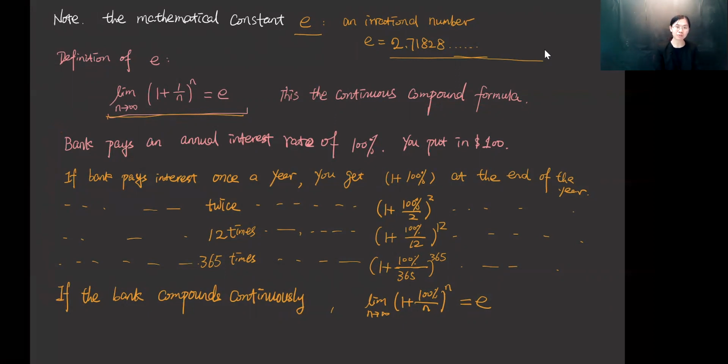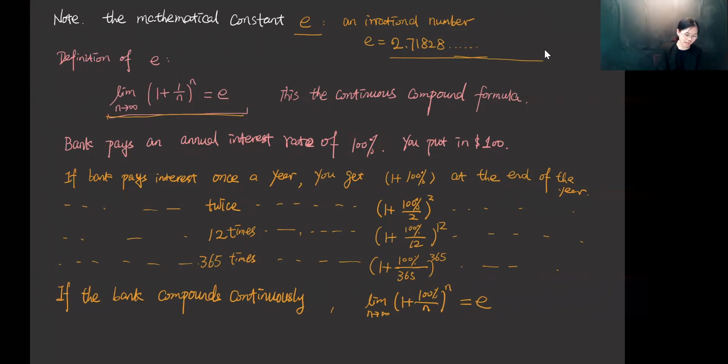computing the compound interest. So consider that you are opening a bank account that pays you an interest. Suppose that the bank pays an annual interest rate of 100%. You put in $100 to the account, and you want to know how much money you get at the end of the year, after 1 year.